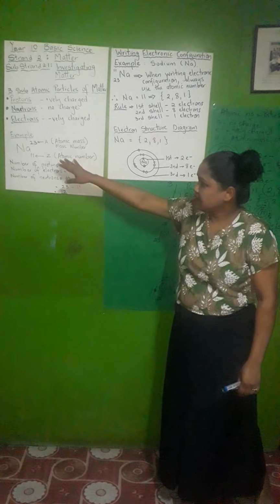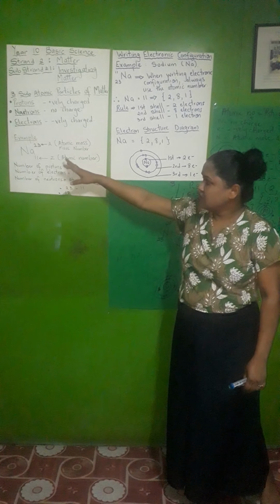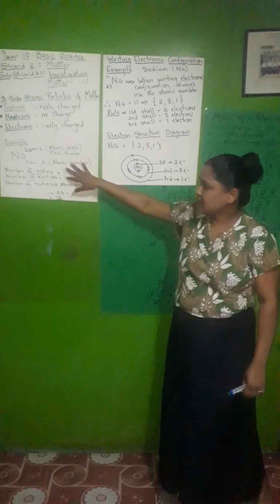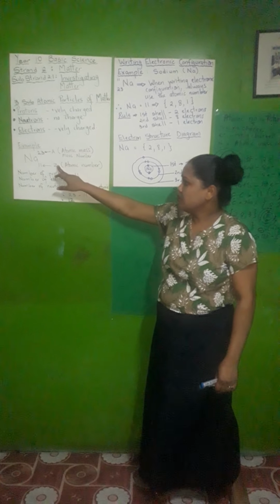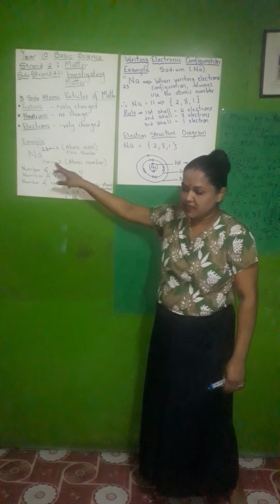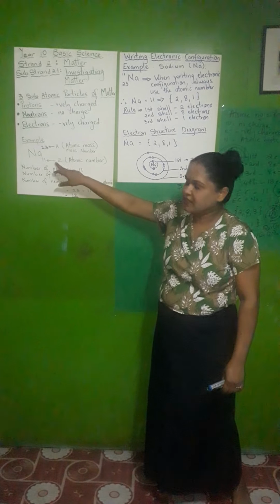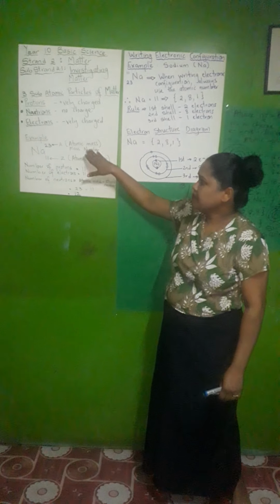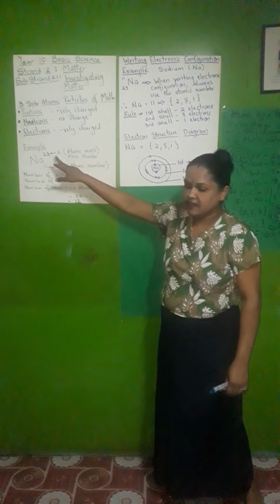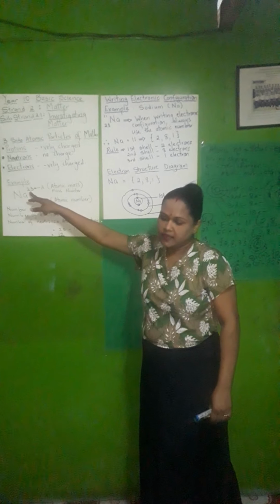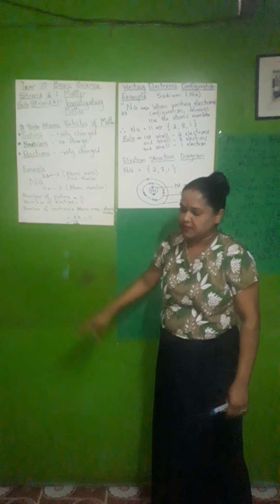And then we looked at the example of sodium, how to determine the atomic mass and the atomic number here. So the smaller number will always be your atomic number and it is denoted by the letter capital Z. And your atomic mass is denoted by the letter A and it will be about 2 times the atomic number.